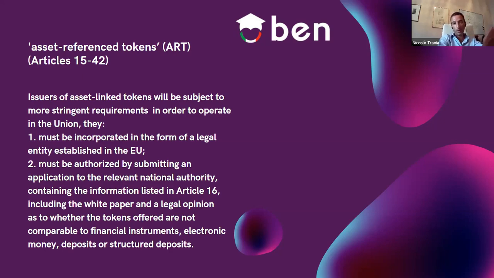So in the scope of MiCA, we only have stablecoins and tokens that are not stablecoins and are not financial instruments. We have some regulation about utility tokens. Let's say that is the only type of token that can fit in the MiCA proposal, and they have a certain type of regulation that we will not consider in this meetup.